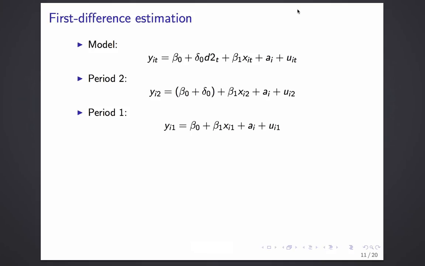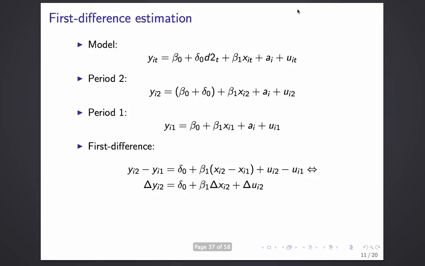And once you start looking at those two equations, well, you realize that alpha I is the cause of all evil. So the endogeneity problem is driven by this unobserved individual specific effect, according to the assumptions that we made up until now. So can we somehow get rid of AI? Absolutely.